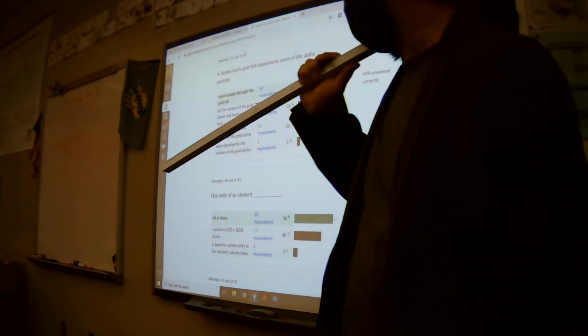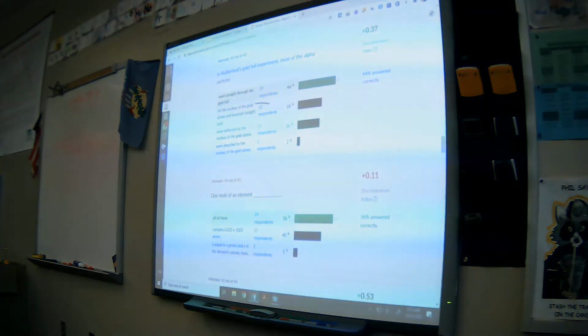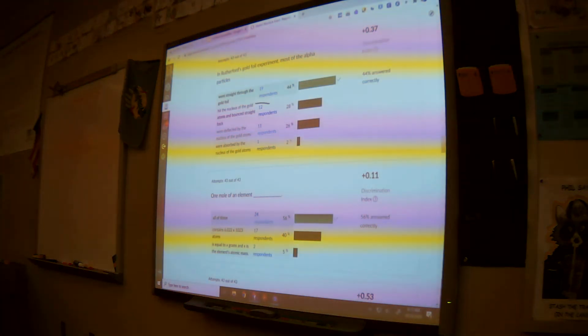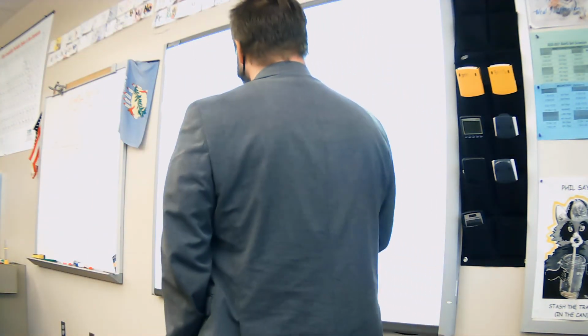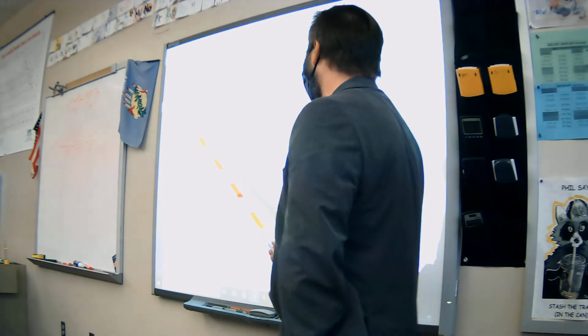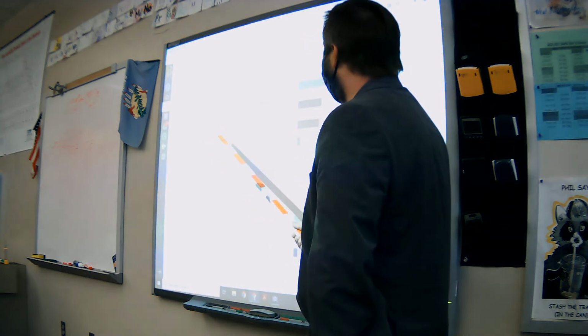In the Rutherford gold foil experiment, most of the particles did what? Some people missed this one. Let's go through the wrong answers first. Were absorbed by the nucleus? Not really, that didn't happen.